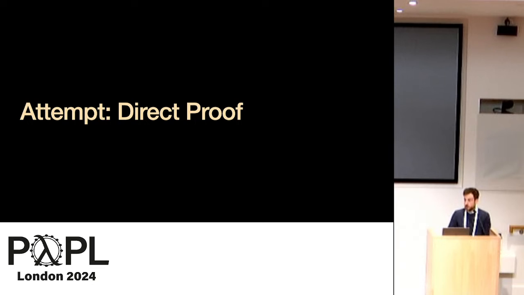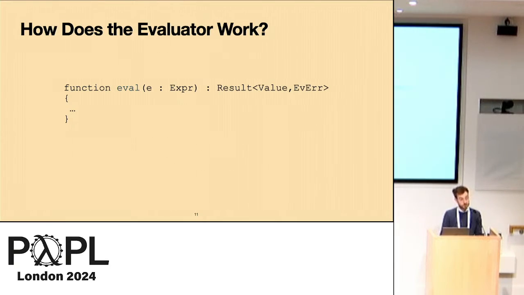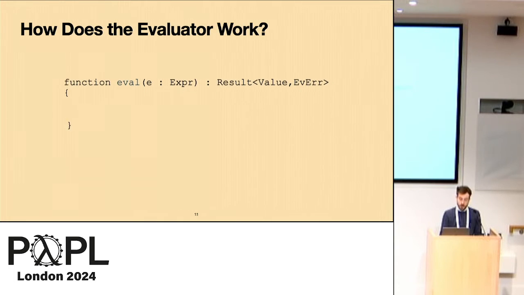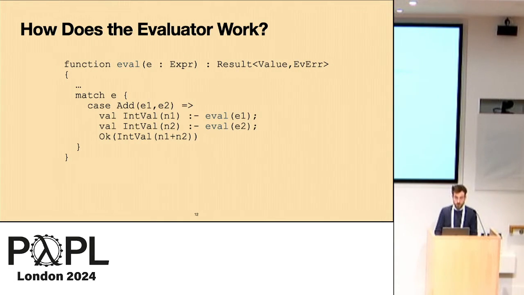Okay. So our first attempt at this was basically direct proof, right? To discuss how the direct proof should go, I want to take a look briefly at how the evaluator works and how the type checker works to get a flavor of this. So the evaluator is written in, like I said, direct recursive style, like a definitional interpreter.